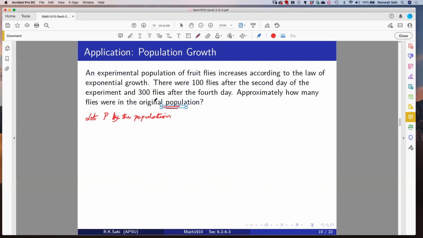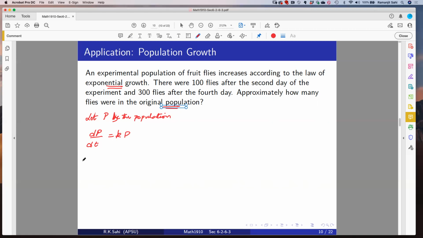We are given that this growth of fruit flies is the exponential growth model. That means we have the differential equation dP over dt equals k times P. I'm not using y as the variable, I'm just saying P is the population, which is changing as time goes.